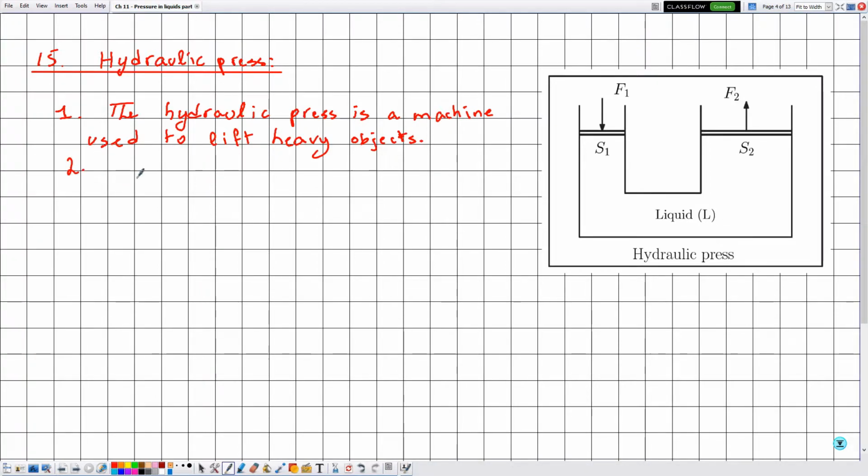The functioning of the hydraulic press is based on Pascal's theorem.